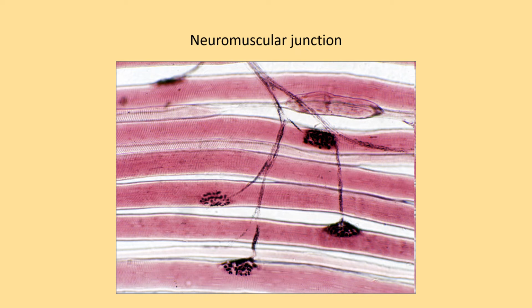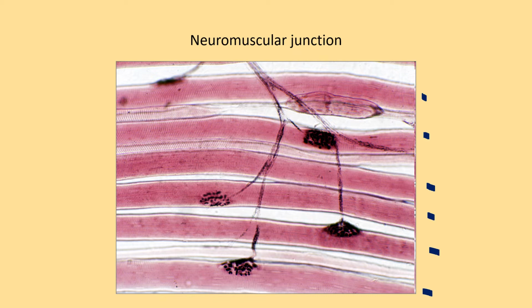Here's what a neuromuscular junction looks like using a light microscope. So in this microscope slide, we see a portion of, I'm just going to count the number of those horizontal pink lines, 1, 2, 3, 4, 5, we'll count this one down here, 6. Each one of those is part of a skeletal muscle cell.